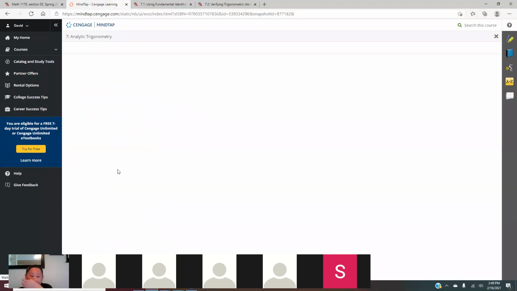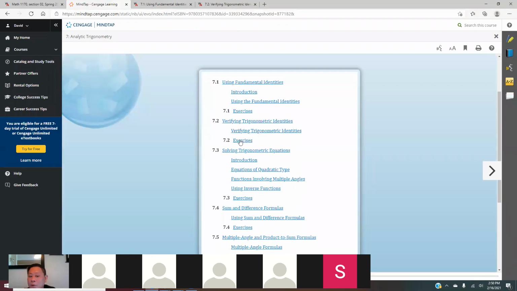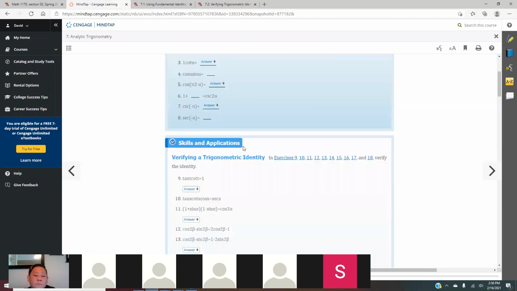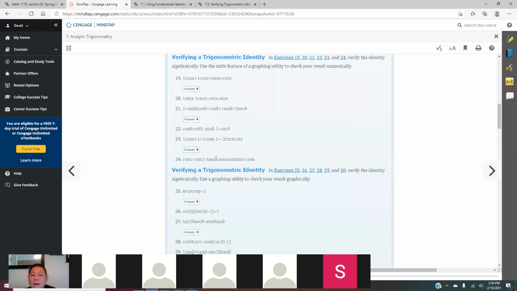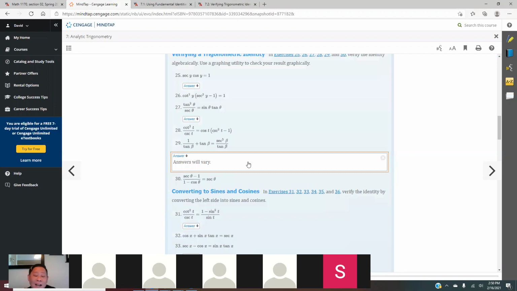There will be a lot at the back of the exercise of 7.2. There is a lot of this. See that? And if you click on the answer, they won't give you any answer. Why? Because the answer is right next to it.